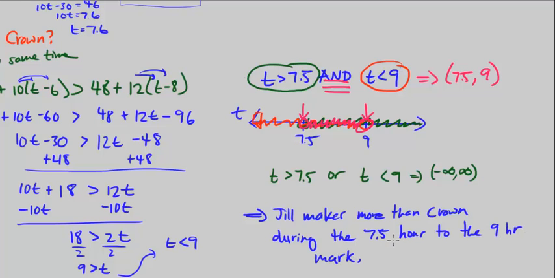When the clock hits 7.5 hours of work, Jill starts to take over, making more than Crown, and once the hour hits the 9 hour mark, she's made the most compared to Crown, but then add a little more and Crown starts making more, because at these points they make exactly the same amount of money. All right, so that ends CPM Precalculus Chapter 2, number 157.